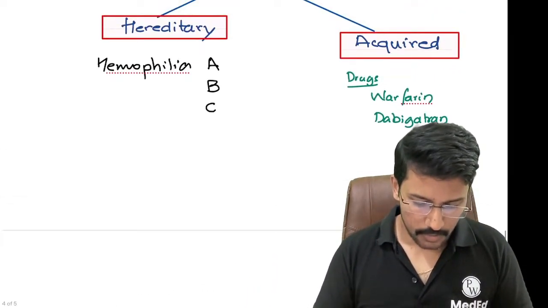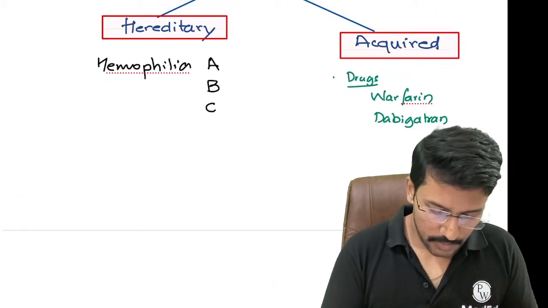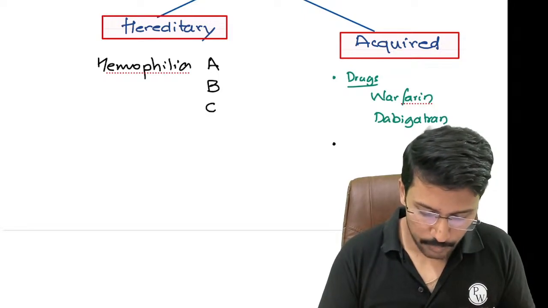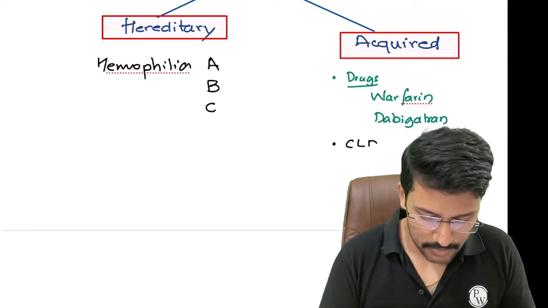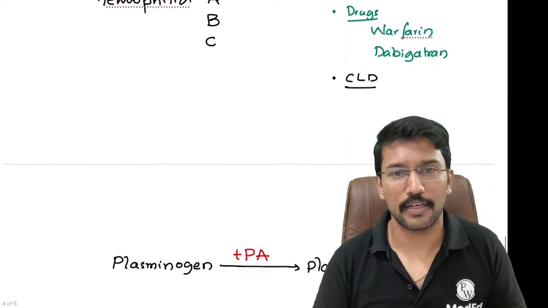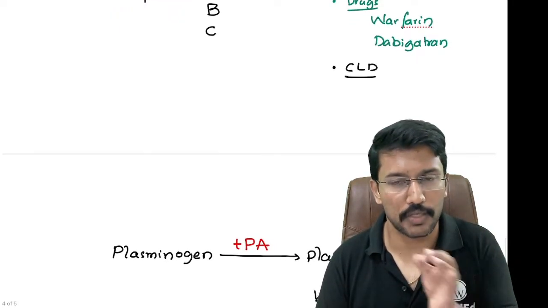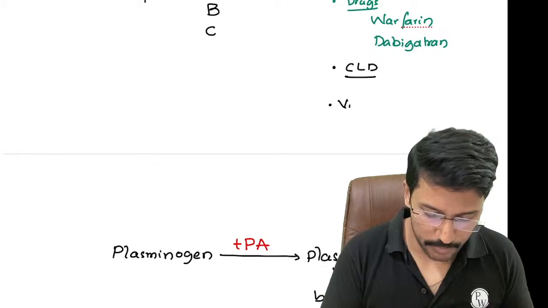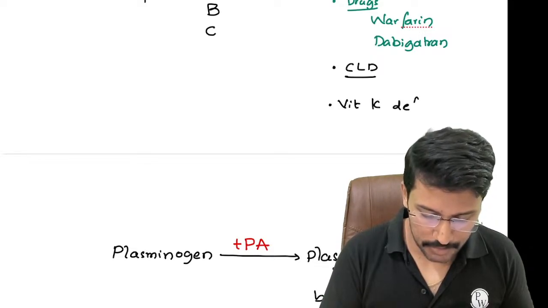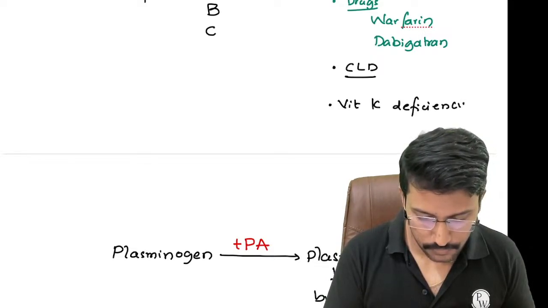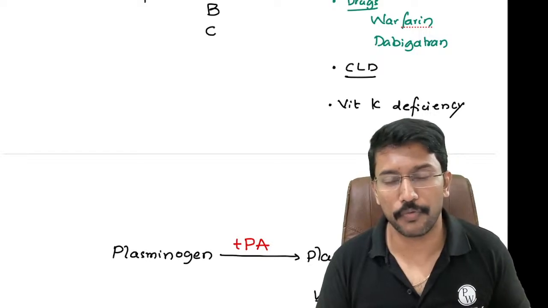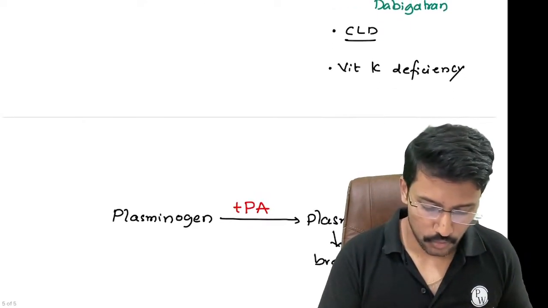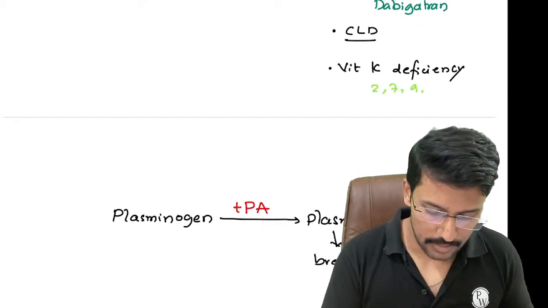For acquired coagulation disorders, drugs are one cause, and another example is chronic liver disease or cirrhosis, because the liver is the site of synthesis of most of your coagulation factors. Another condition is vitamin K deficiency, because vitamin K is required for the synthesis of factors 2, 7, 9 and 10.